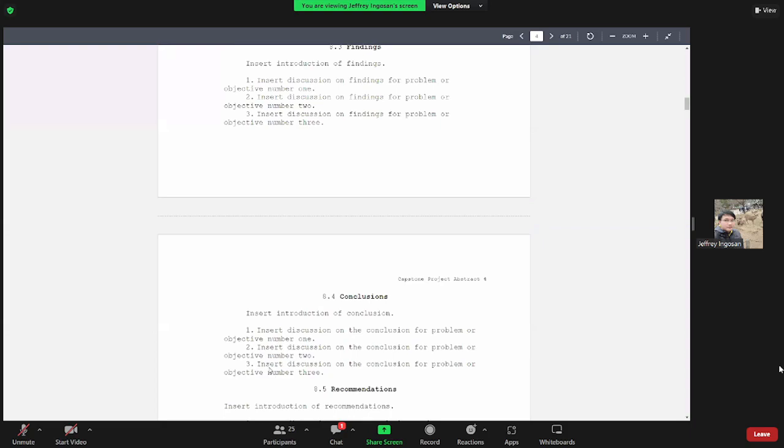So similarly, in conclusion number 3, you do not repeat what you have computed in the findings. Instead, you would state there what you have learned.